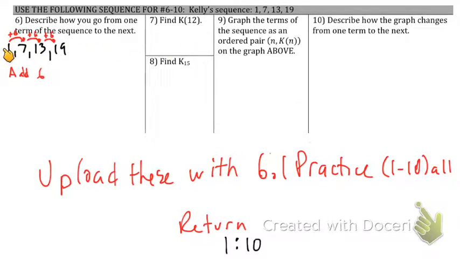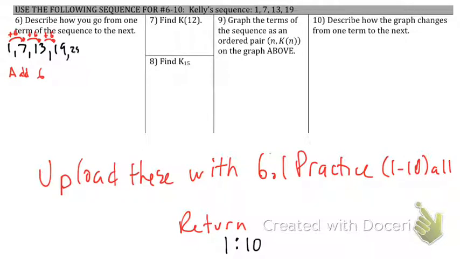So it means we need to find the 12th term. So I have to add 6 until I get to the 12th term. So let's do that. Again, very simple with the calculator. So I'm going to add 6 to 19.